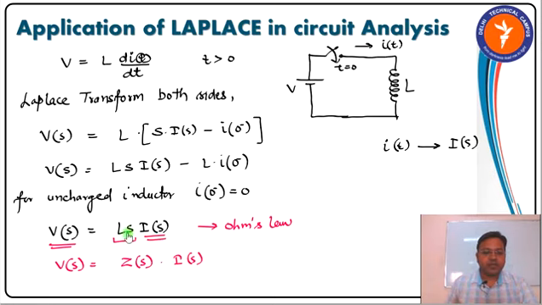I am writing it Z(s) because it has an s term here. So in case of an inductor, the equivalent circuit can be drawn using this equation. Now this equation says when we transform this inductive circuit into the S domain, the inductance is transformed into its equivalent impedance.